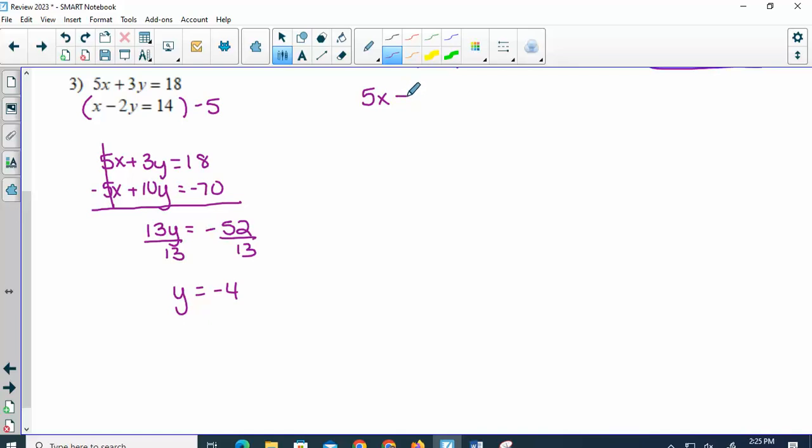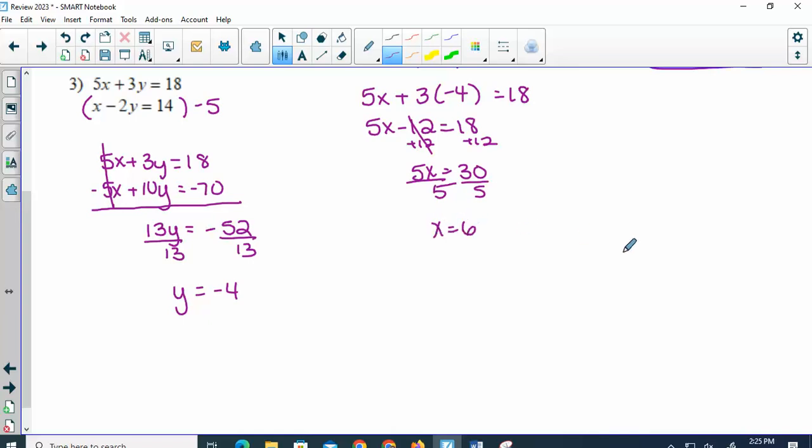Plug it in. Does not matter which equation, so the first thing I heard was the first one. So we did 6. Final answer is ordered pair 6, negative 4.